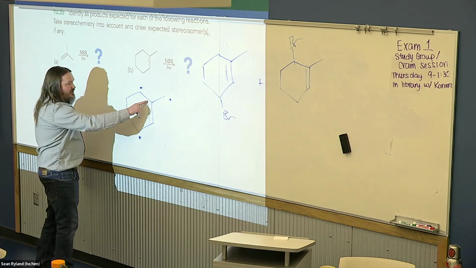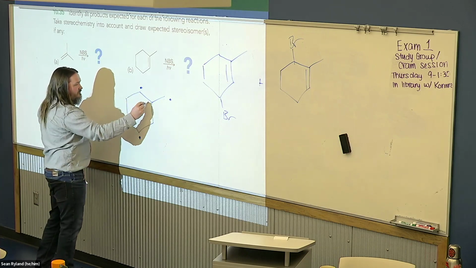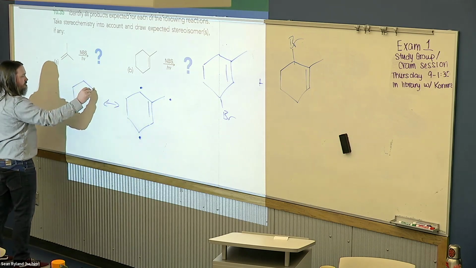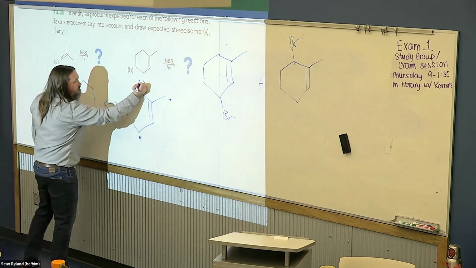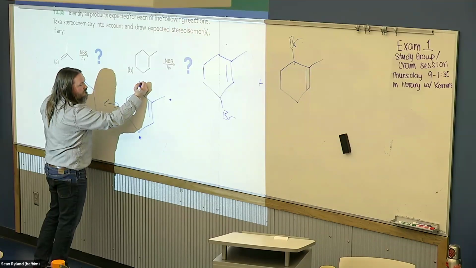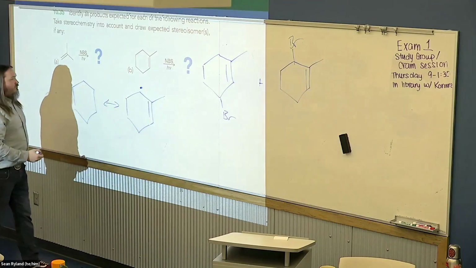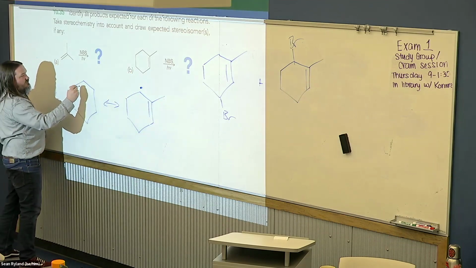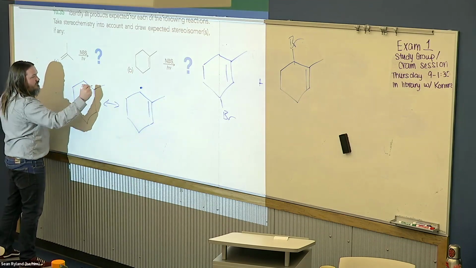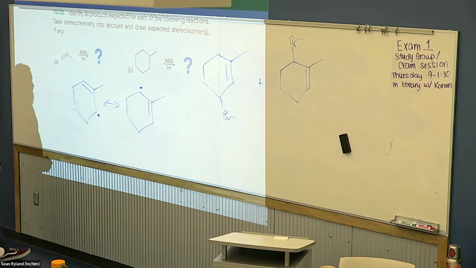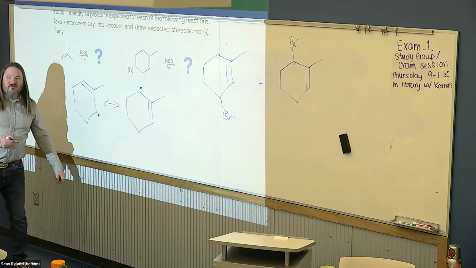And that means there actually is a significant resonance structure for this one, which gives us that product. But that's the same as the second one I drew over there.